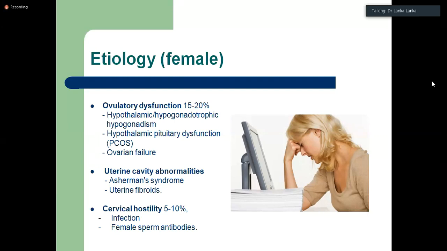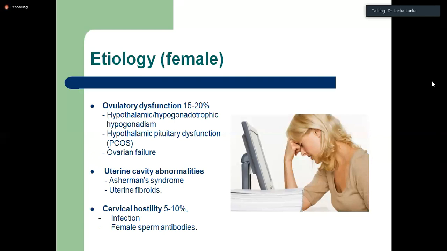If there's an ongoing infection, like chlamydia or gonococcal infection, it can damage the cervical integrity, and that can cause cervical factor subfertility. And sometimes we talk about cervical stenosis, but you know that sperm is a very tiny structure, so it travels through tiny holes. Severe cervical stenosis due to surgical intervention, damage to the cervix, or infection may be responsible for cervical factor subfertility.